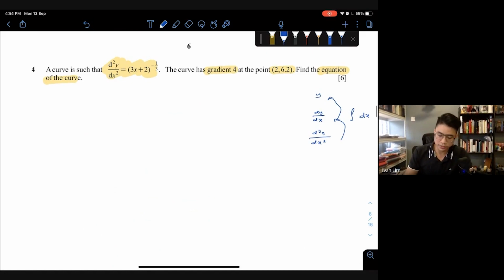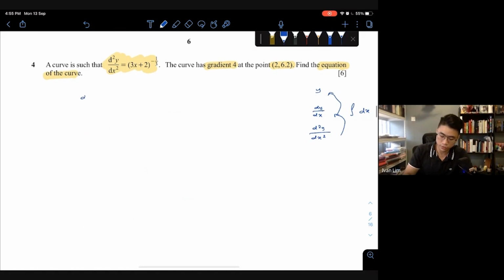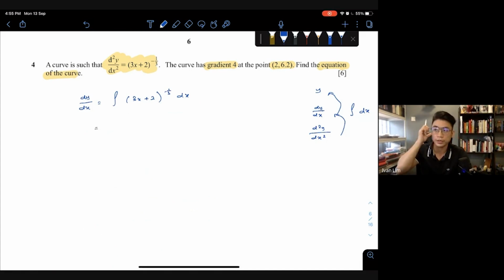D square y over dx square, we integrate it, so you'll find dy over dx. Integrate this (3x plus 2) to the power of negative 1 over 3 dx. If we were to integrate it, let's add the power first.